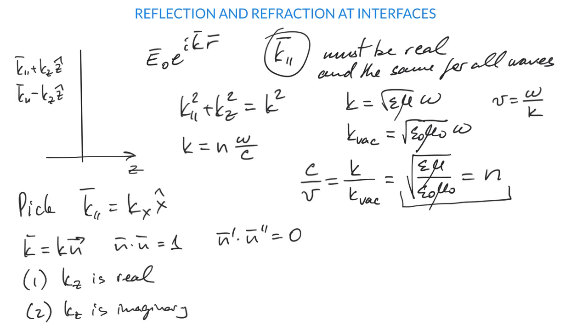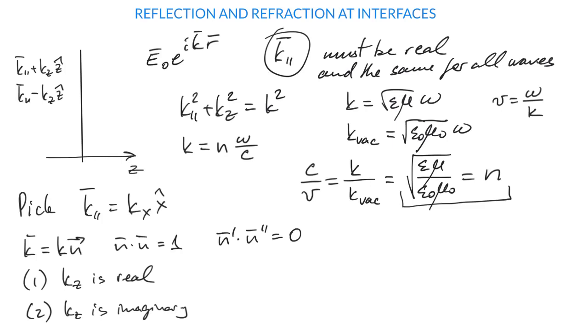So if kz has an imaginary part, it follows from this dot product that the real part of kz must be 0. It can also be seen from this expression here. If k squared is real, which we assume in this discussion, then because k parallel is real, kz squared is either positive or negative. So the square root is correspondingly either real or imaginary.